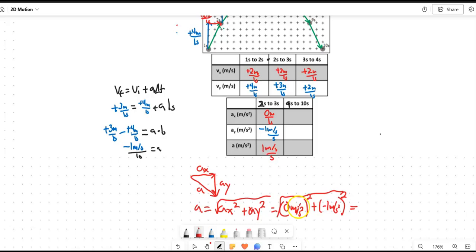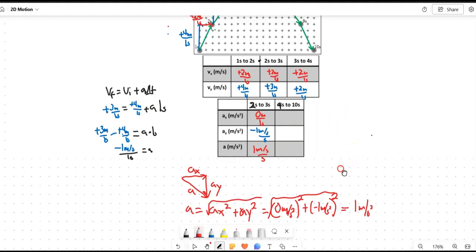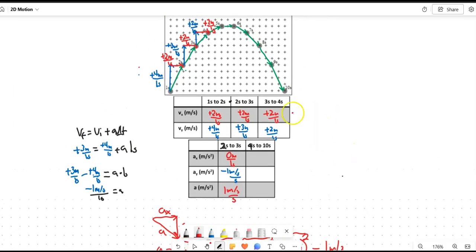Well, this is 0 squared, which is 0. This is negative 1 squared, which is 1. The square root of 1 is 1 meter per second squared. Okay? What you find out in this one is that from 8 to 9 seconds, you're going to have this situation.